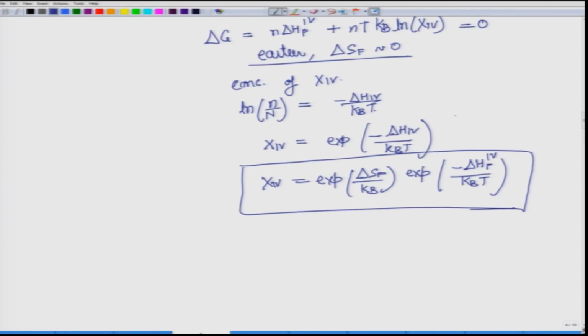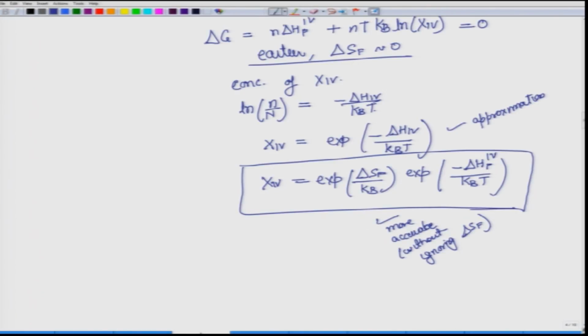So, this is an approximation. This is more accurate, because here we are not ignoring it.